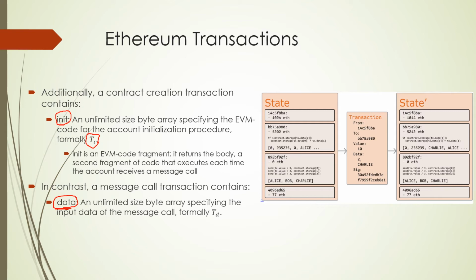The data is an unlimited size byte array, which specifies the input data of the message call, and the data is represented by T sub D. As an example here, you can see a transaction that shows the recipient, the value, the data, and the signatures, and basically creates a state transition from the current state to the next state.